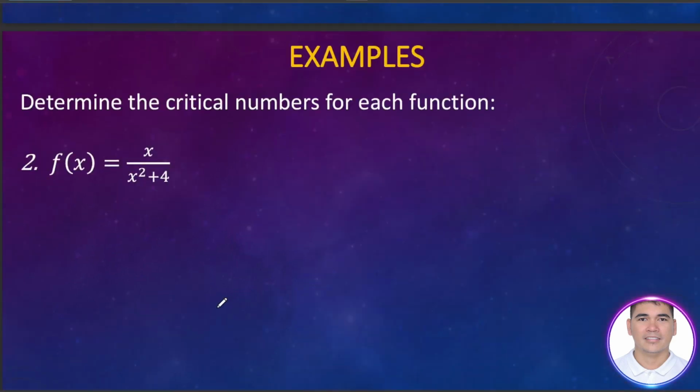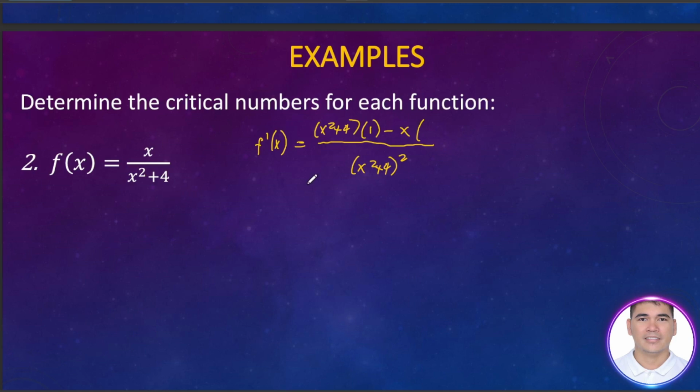Next is f of x is equal to x over x squared plus 4. First we need to derive this one. So applying the quotient rule of the derivative, we have x squared plus 4. I-square natin yan. Then copy natin to. And then what is the derivative of x? It is 1. Pag variable lang. Then x. Then derivative of x squared plus 4, that is 2x.